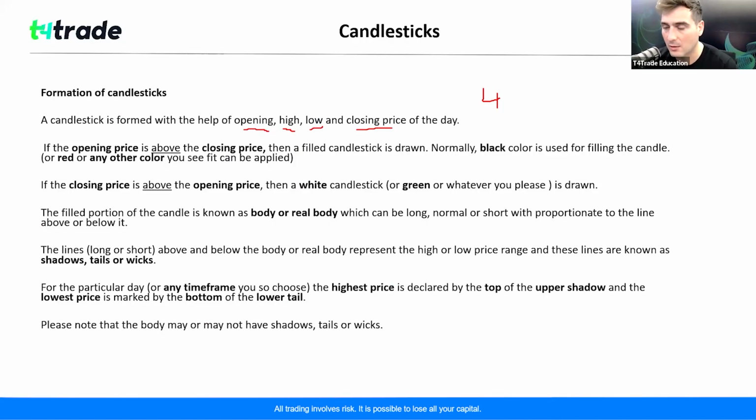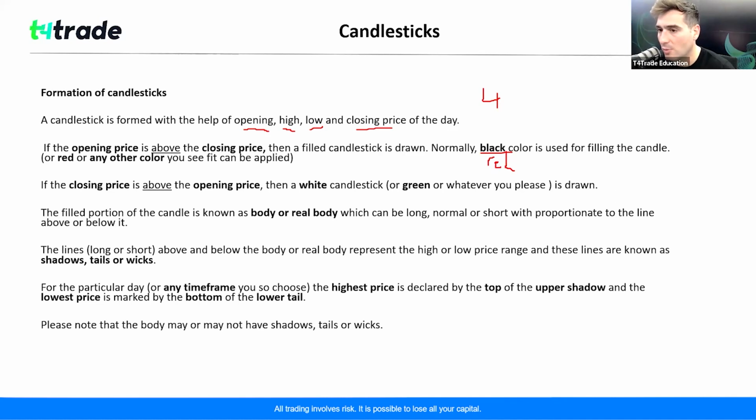We will study each of these components much more specifically, and the candle by itself, and understand what information it conveys. So if the open price is above the closing price, then a candle is filled and drawn down. That means it gets a color, normally black or red. Let's keep that in mind, it is used for filling the candle.